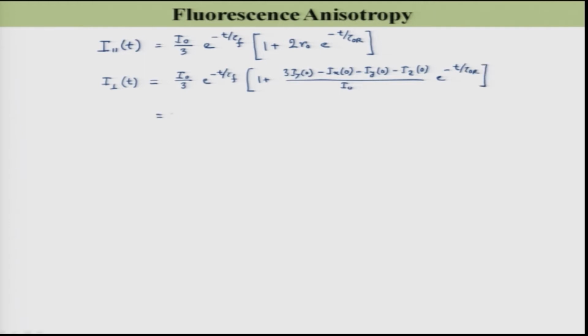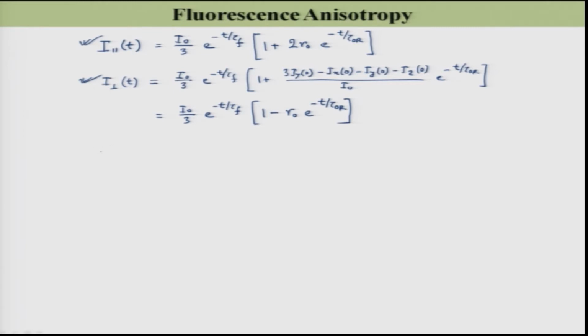So, this is I 0 by 3 e to the power minus t by tau f. From here it will be minus, so, into 1 minus r 0 e to the power minus t by tau r. Good. So, I got two equations, one for I parallel t and another for I perpendicular t.